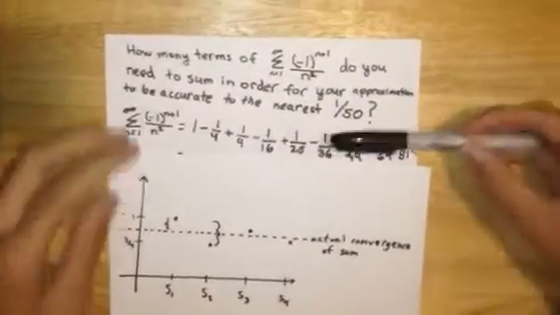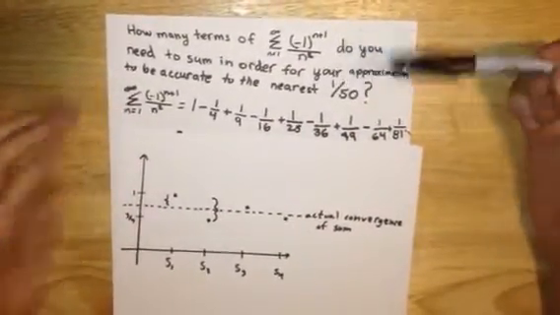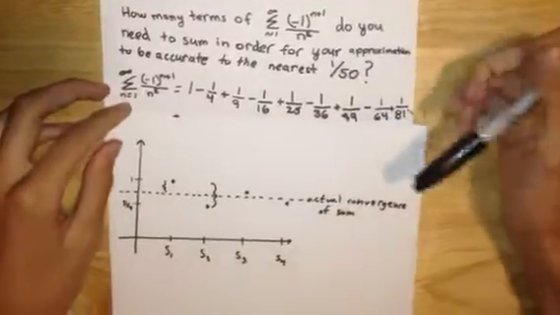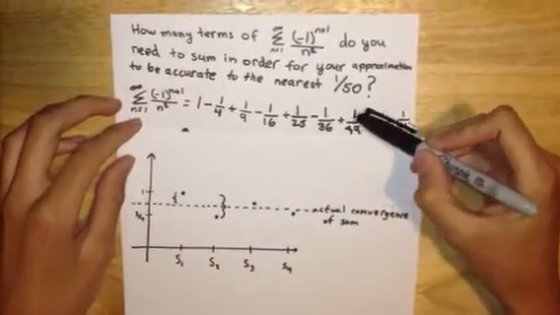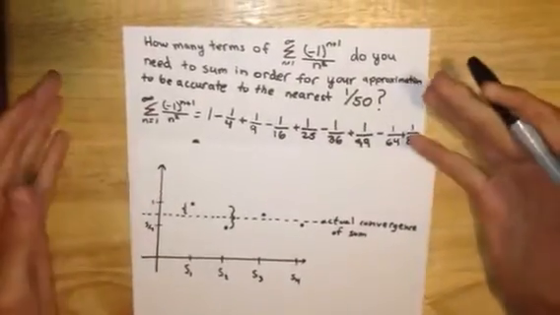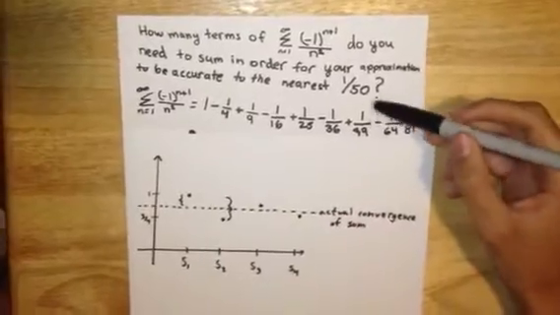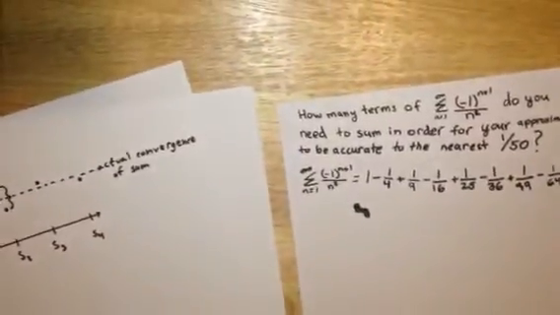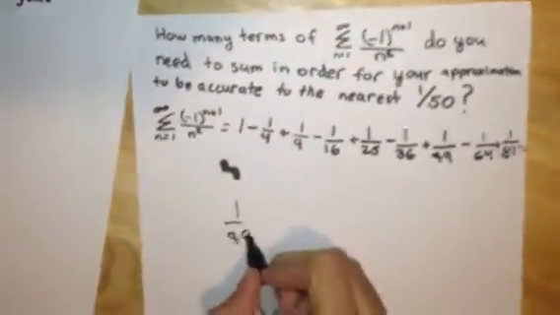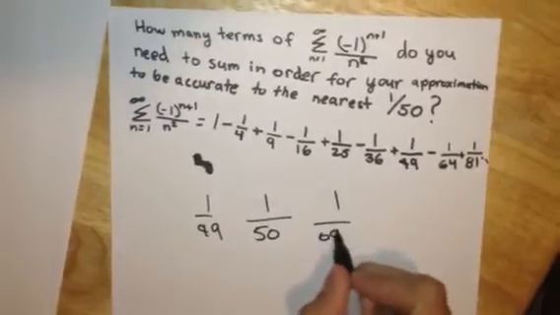So if we take a look back at this series and we say 1 over 50, we know that 1 over 50 is less than 1 over 49, but greater than 1 over 64. So if we take a look at this now, we notice that 1 over 50 is in between here, right?